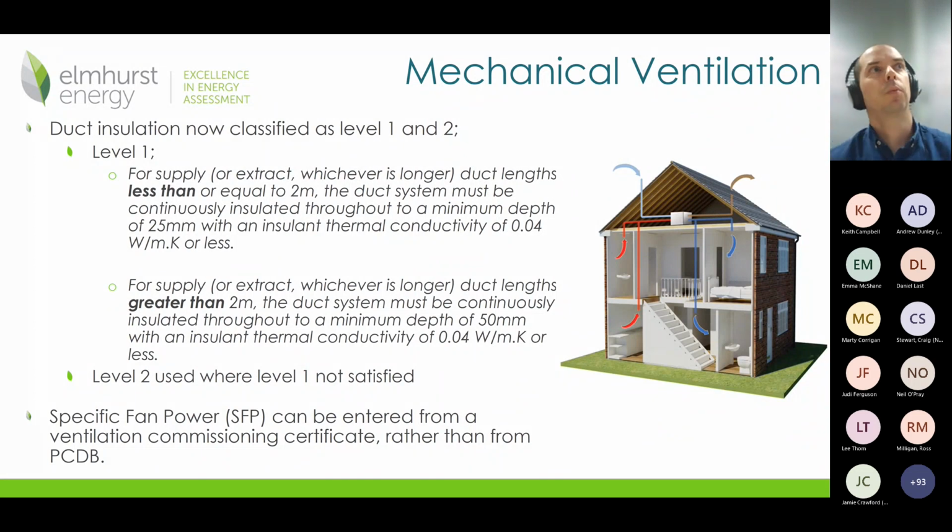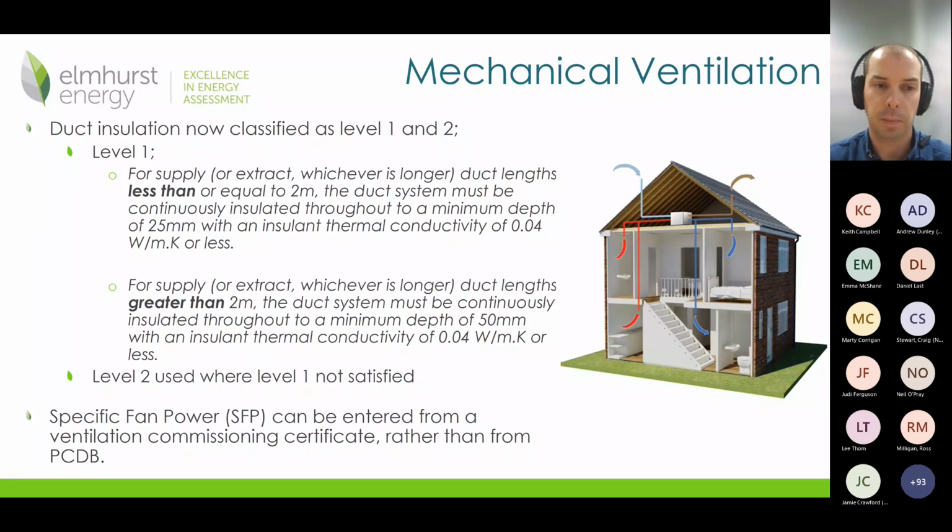Also, there's a push towards reflecting on-site performance of ventilation. A lot of ventilation systems are tested in laboratory conditions, and they'll say they achieve a heat recovery of 88%. When you actually install it with all the ducting and everything, that can be quite different.